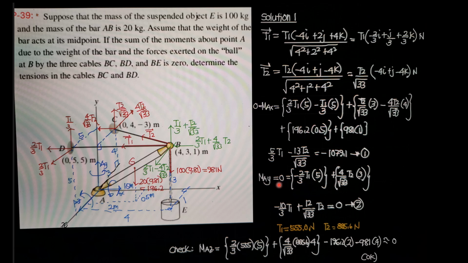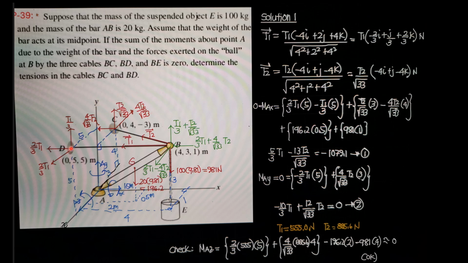Then, moment about y is also 0 as stated here. So this is the positive sense of moment about the y-axis. So these weights have no moment because they are parallel to the y-axis. So just focus on which components of these forces here, T1 and T2, will have moment about the y-axis.